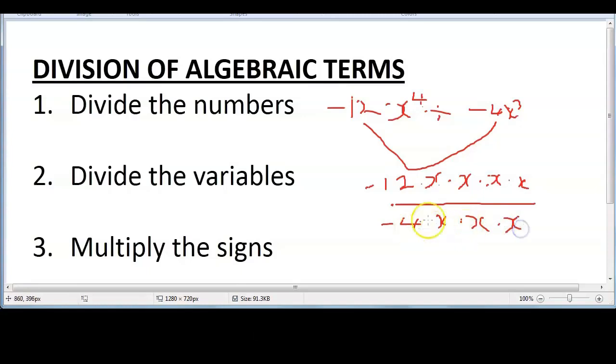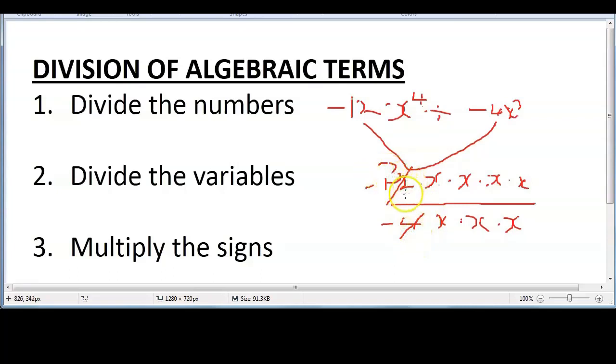That makes 4x cubed. So if we are dividing the numbers, 4 into 4 is 1. 4 into 12 is 3.